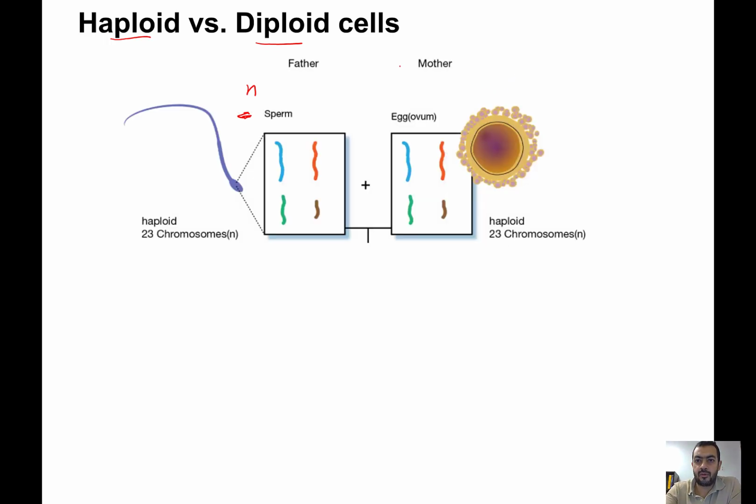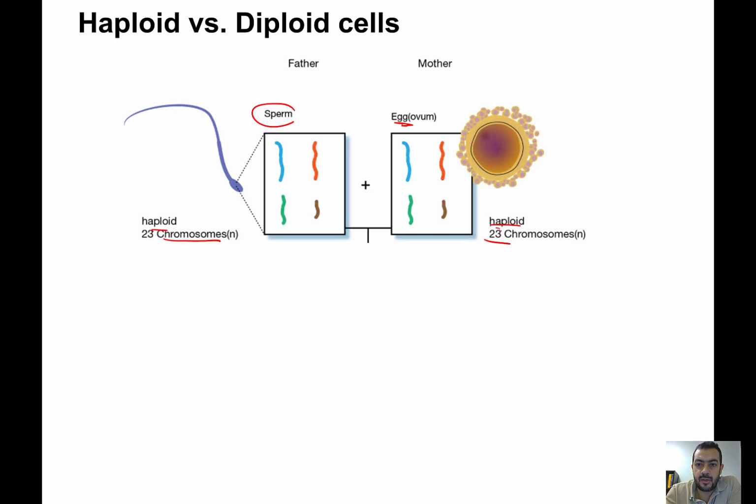If we apply this to us as humans, we have haploid chromosomes in the sperm of the father. Then the mother produces the egg. The egg also contains the chromosomes of the mother. It is a haploid structure.